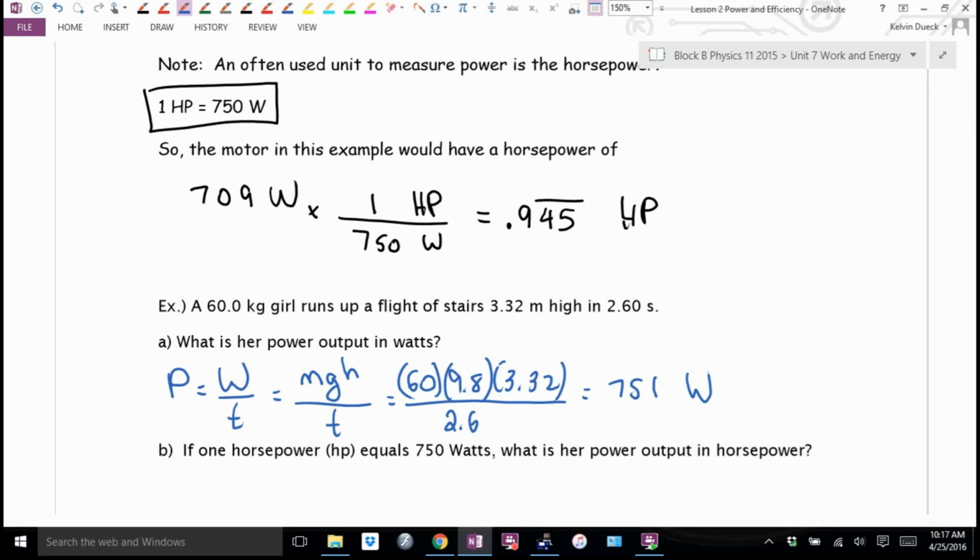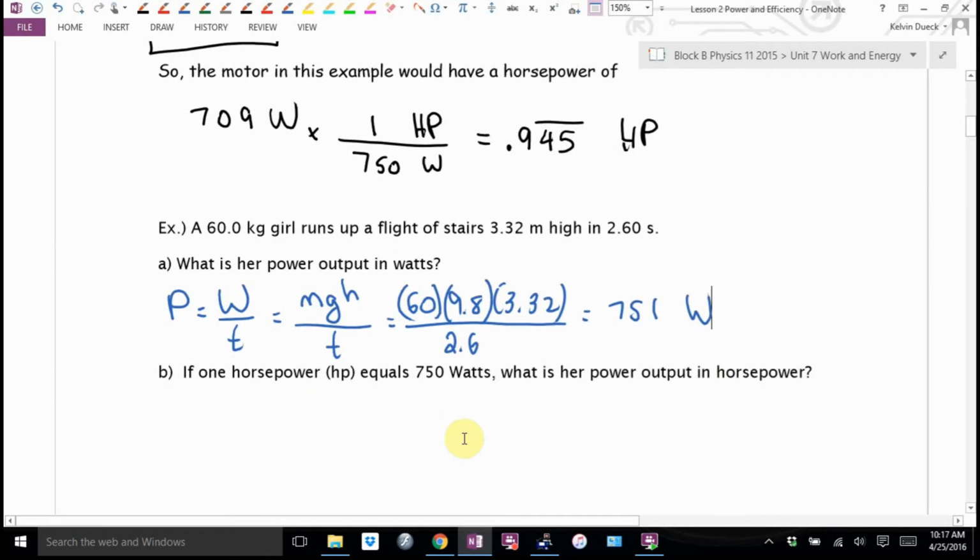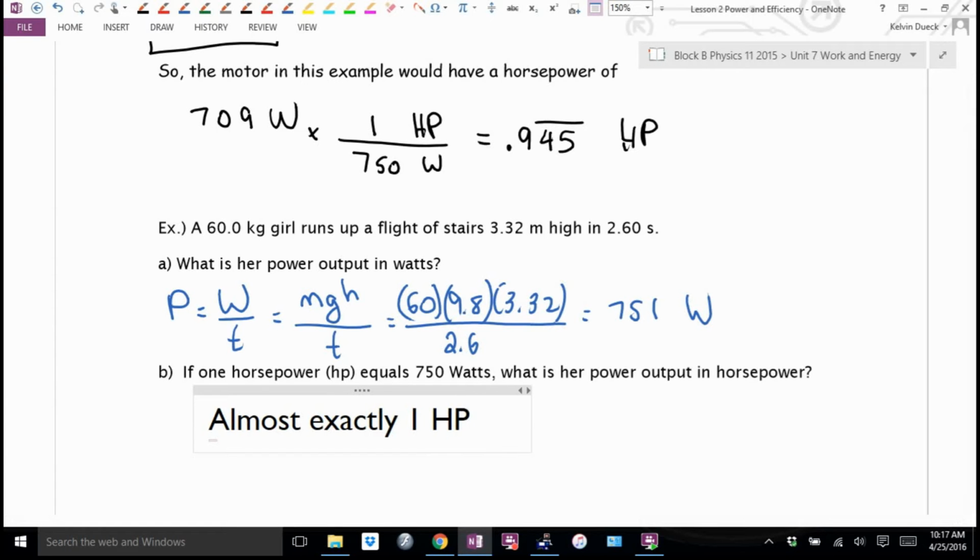If 1 horsepower equals 750 watts, what's her power output in horsepower? Almost exactly 1 horsepower. And I did that on purpose. So the 3.32 is a pretty standard 1-story set of stairs.